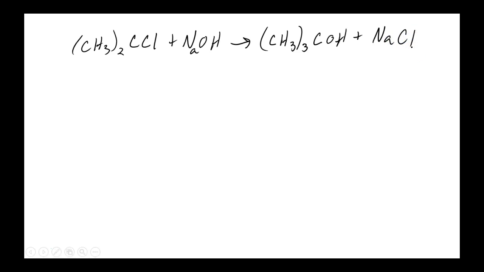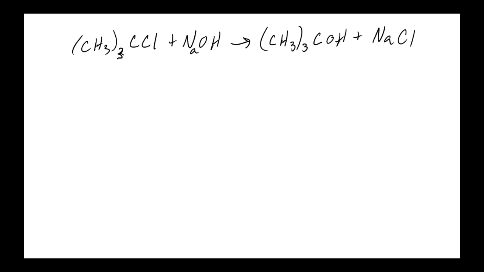So in other words, you start with, I'm not good on organic names, what they call T-butyl chloride and it becomes T-butyl alcohol. And I've got a 2 there. This is a 3. I don't know how I wrote a 2.